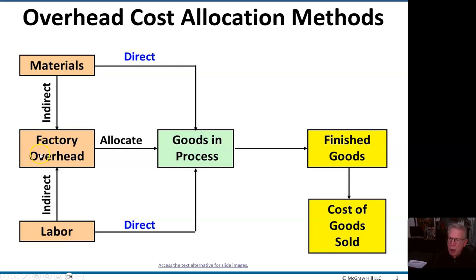Not shown in this slide are the other overhead costs, such as rent and insurance and that kind of thing. So we're going to then allocate that to the goods in process, or work in process, as I call it. And then eventually we're going to complete those goods and move them into finished goods. And if we sell it, it'll be cost of goods sold. If we keep it, it'll stay in finished goods inventory.